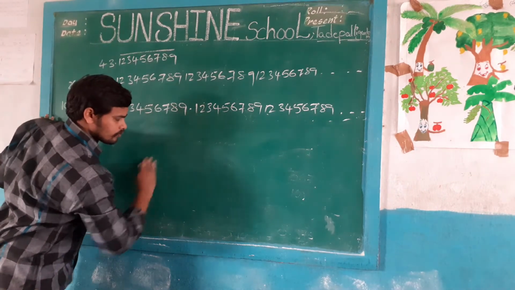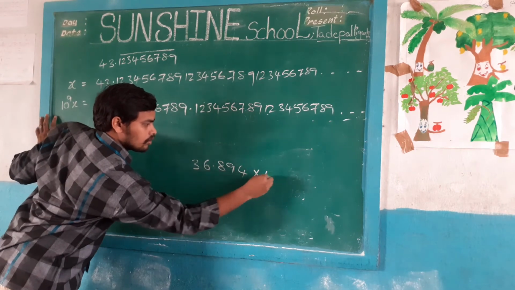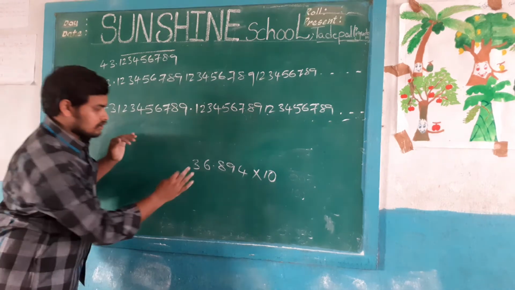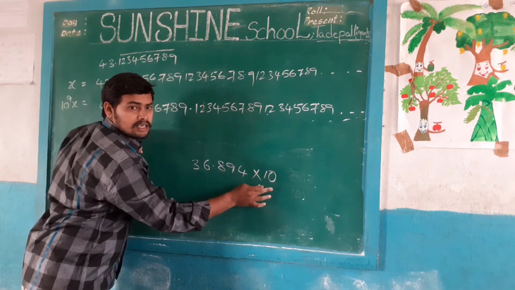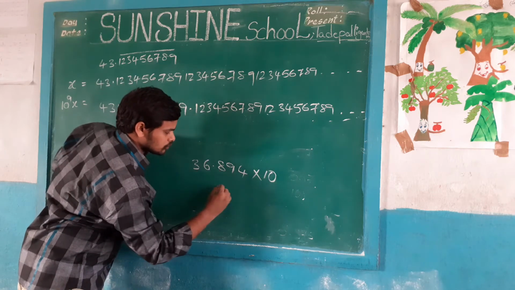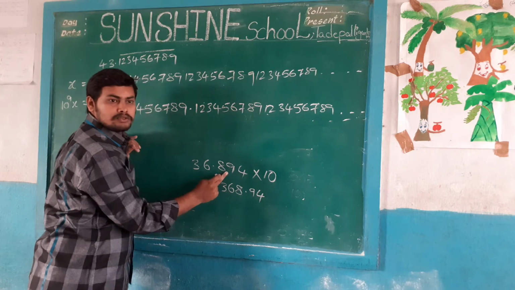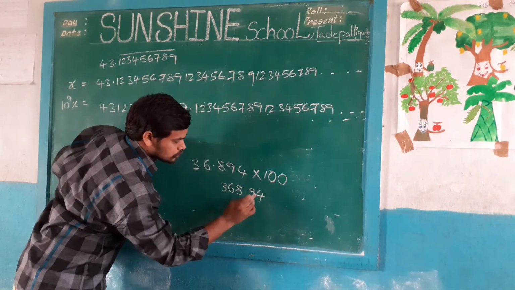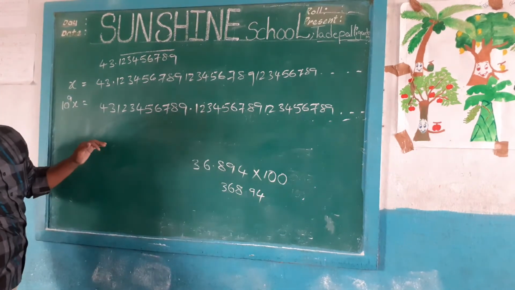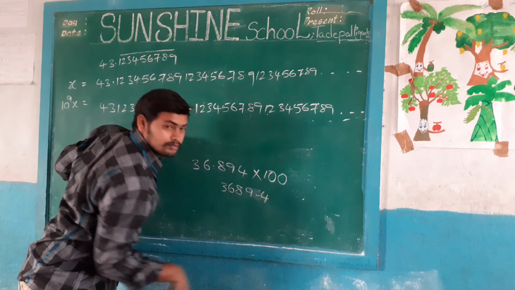Suppose 36.894 is multiplied with 10. How many zeros are there? 1 zero. So the decimal shifts to 368.94. One zero shifts the decimal by one place. If there are 2 zeros, the decimal point shifts two places to 3689.4.